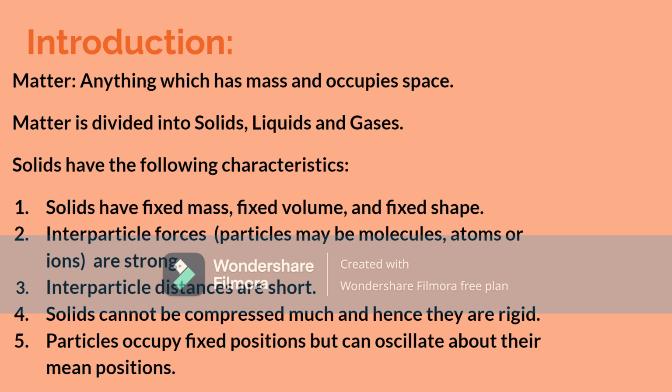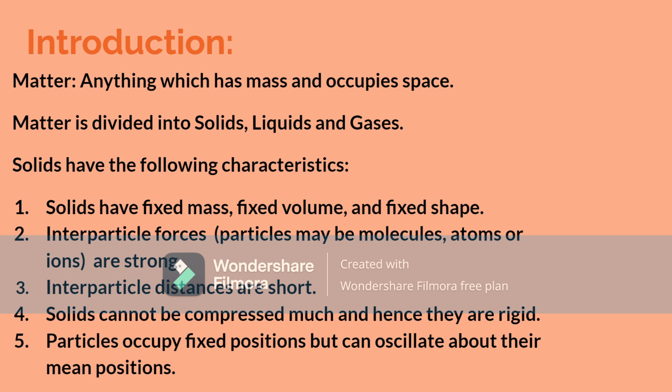And matter is basically divided into three types, that is solids, liquids and gases. You all know this. Now in this chapter we are going to deal with the solids in detail, and before starting that we have to study the characteristics, that is, the properties of the solids.